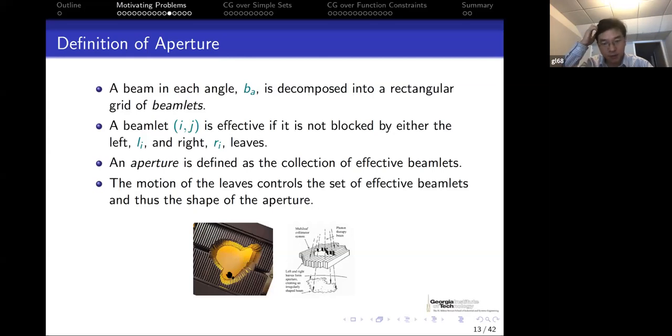So the doctors will use a series of apertures to apply the irradiation so that they can treat the patient.